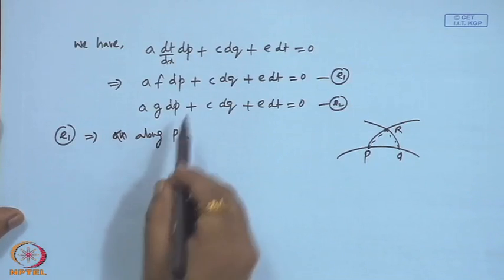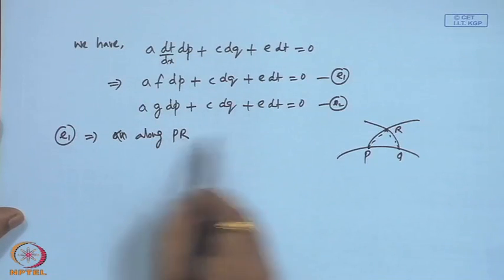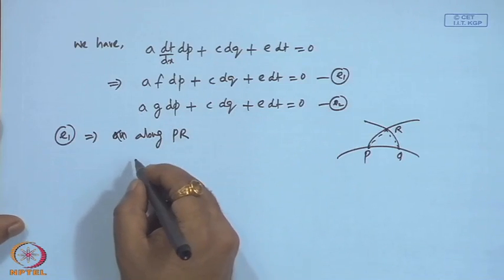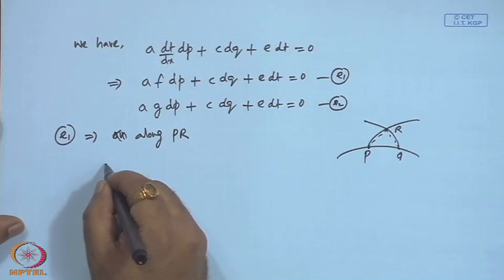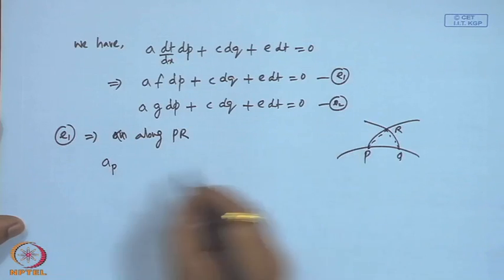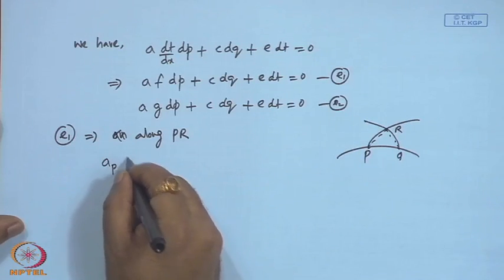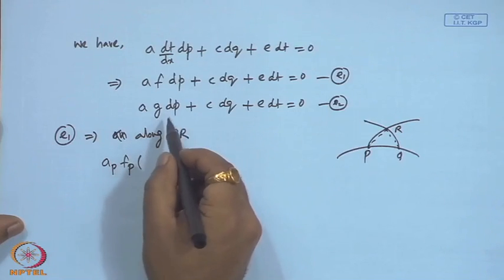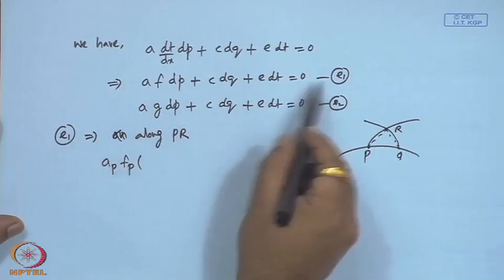So, now consider this equation along PR, this can be approximated A P at the point P, then F P, so this we are considering E1.